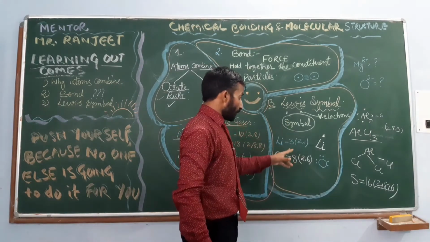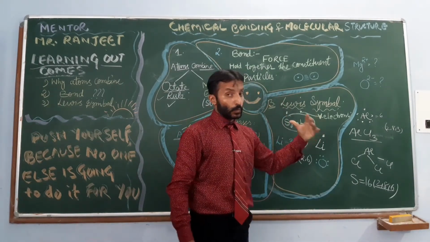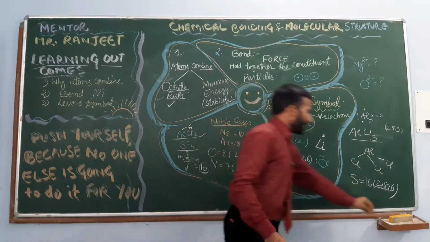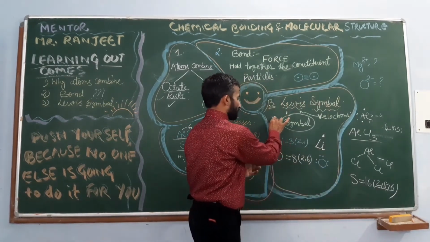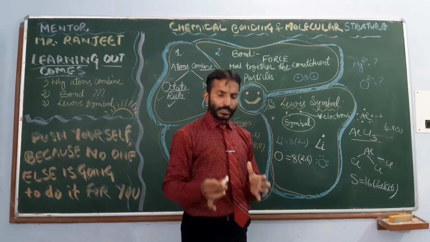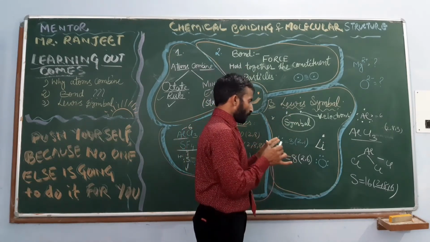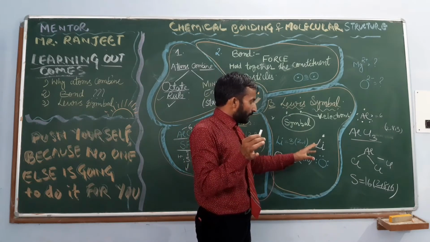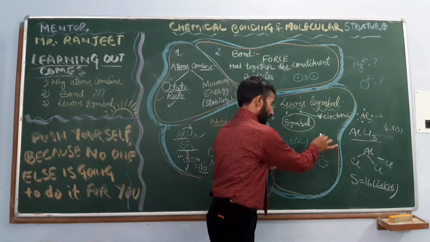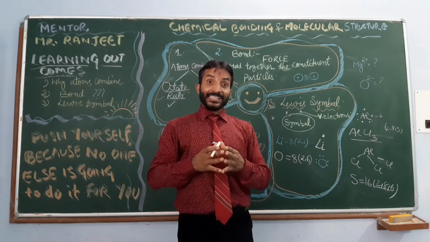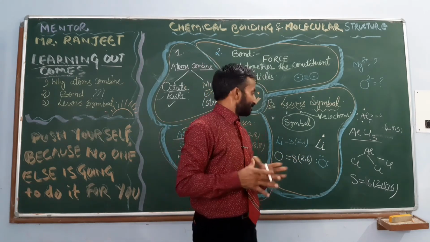Given by Lewis, so it is known as Lewis symbol. These are a type of dot; we can represent it sometimes by a cross or sometimes by a dot. So how to write it? We put a dot around the symbol of the element.